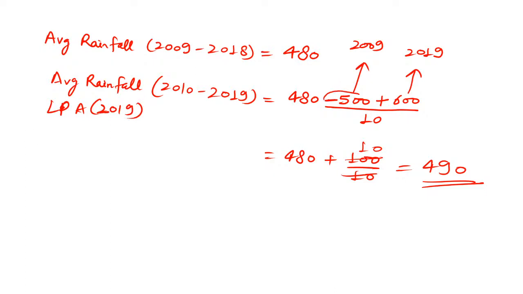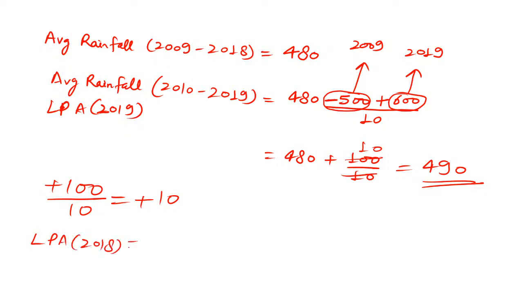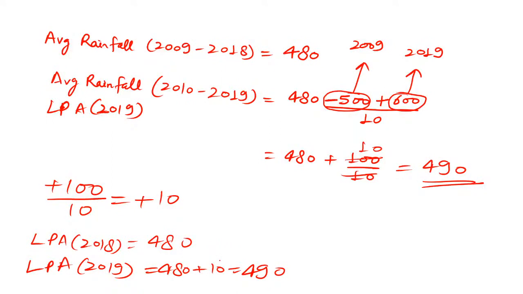Basically, we are excluding 500, we are including 600. An increase of 100 gets distributed over 10 years equally, so LPA is increasing by 10. LPA in 2018 was 480, we calculated it. So LPA in 2019 will become 480 plus 10, that is 490, isn't it? That's our answer. Is it clear? Okay, Naman. Yes, guys, please tell me, is it clear?